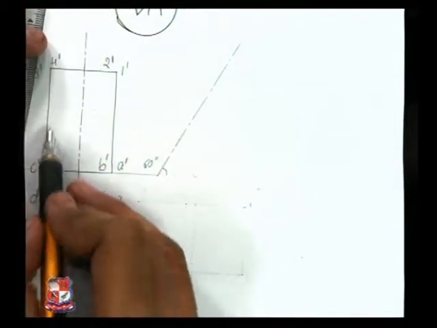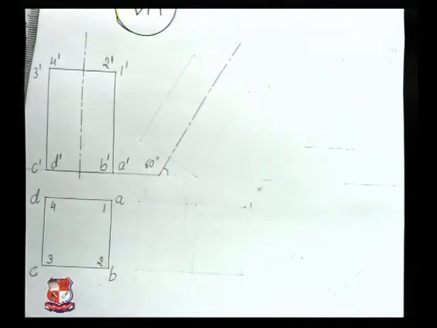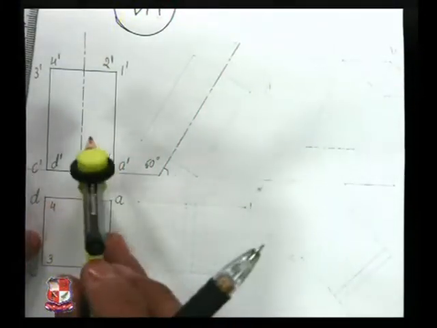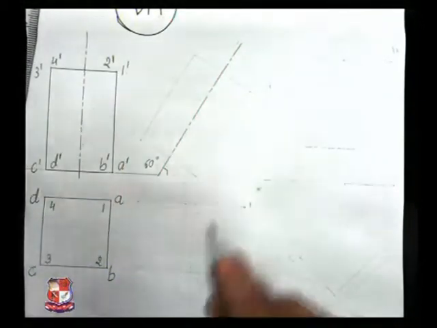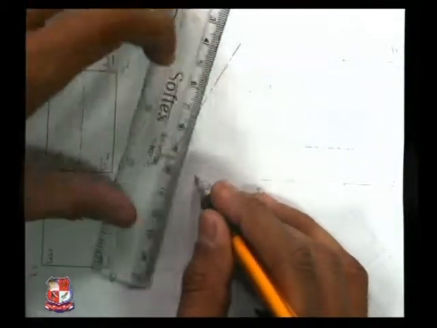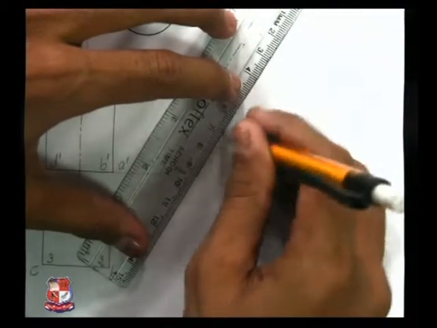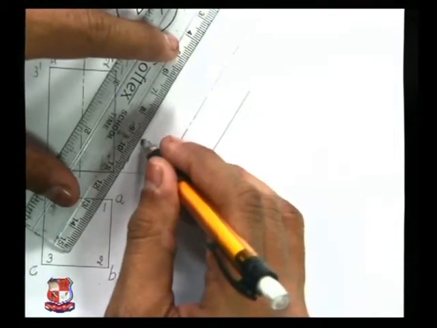And then redraw this rectangle by taking arcs or by measuring the distance like this. We know this distance and this distance. So here this height is known to us.